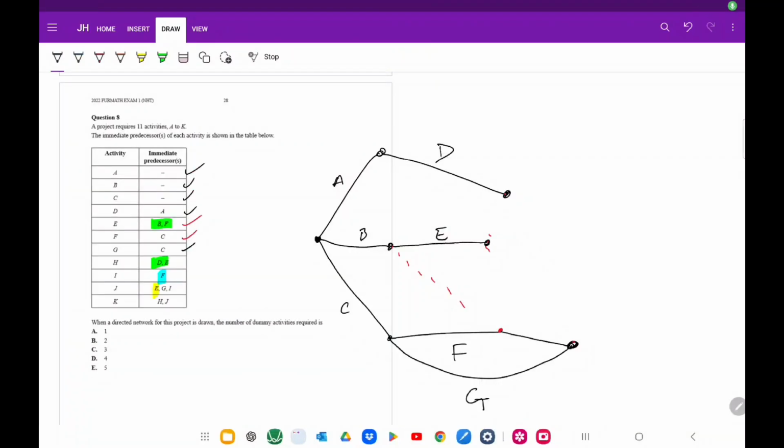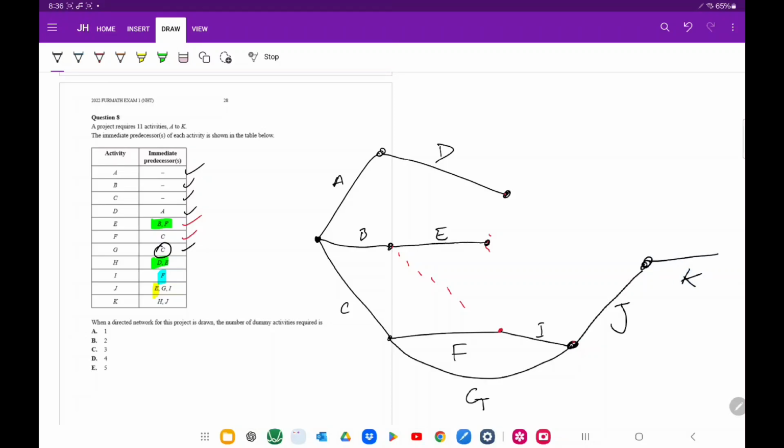For now, we can look at I being this one here, and since J has particular predecessors, we can call this J, and we're going to leave this line like this at the moment.